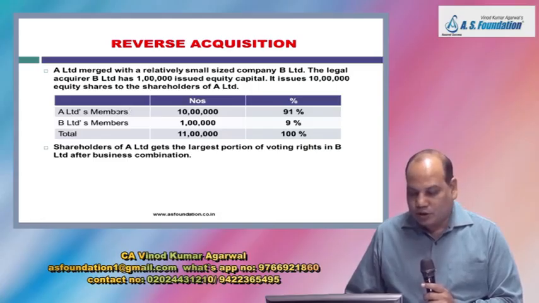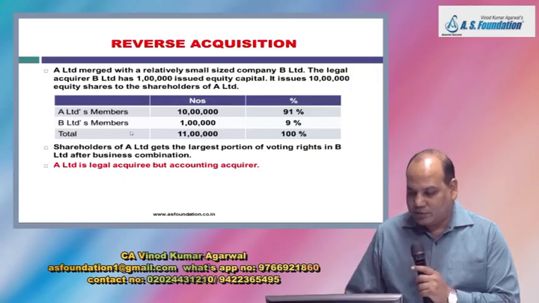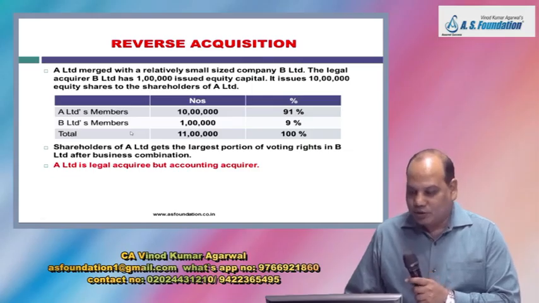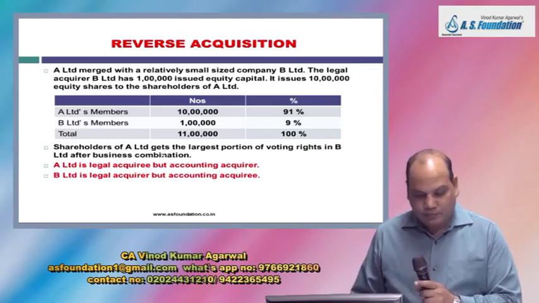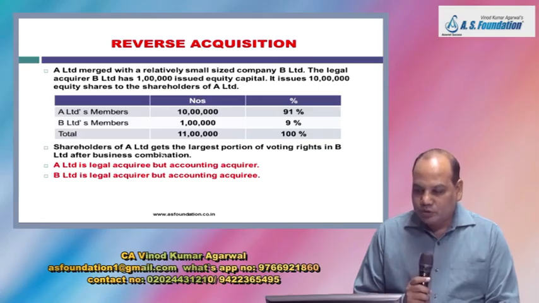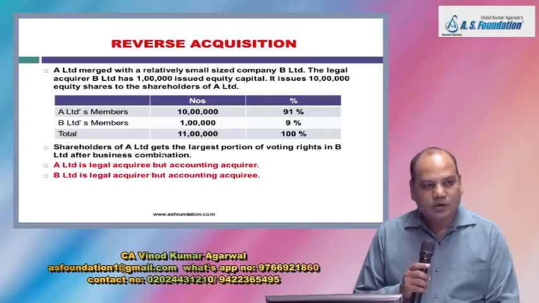So for accounting purposes, A Limited will be treated as accounting acquirer and B Limited will be treated as accounting acquiree. Okay. So write down, shareholders of A Limited get the largest portion of voting rights in B Limited after business combination.